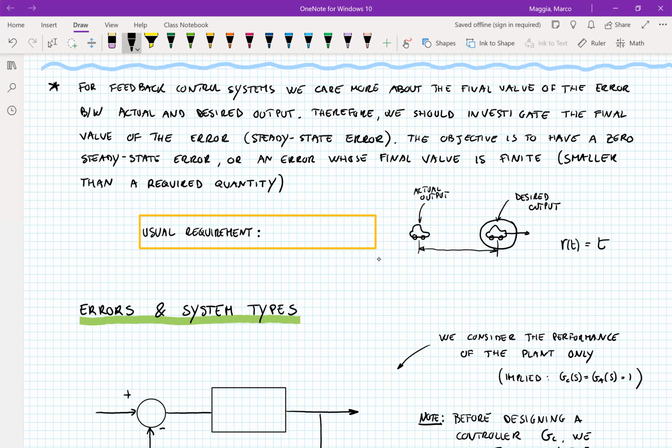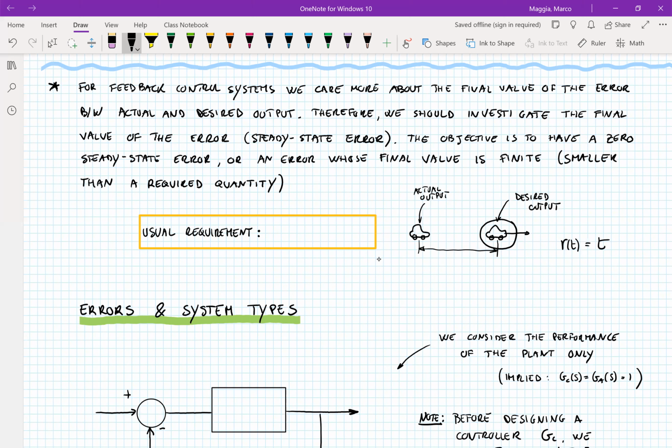And also the actual output will go to infinity. However, the error might not. In fact, we're interested in catching up with the car in front. So we want the error to go eventually to 0.